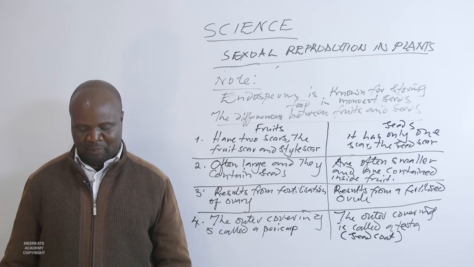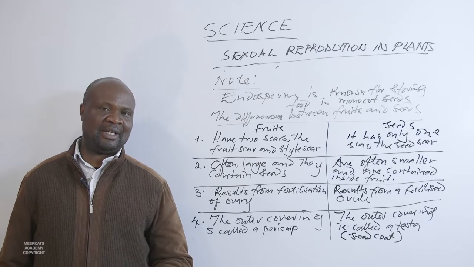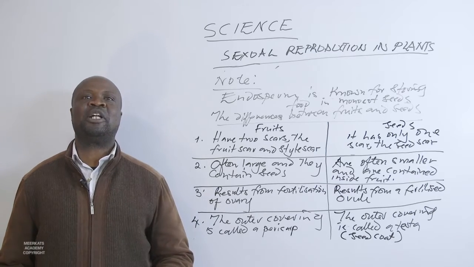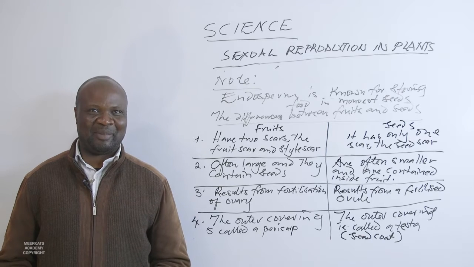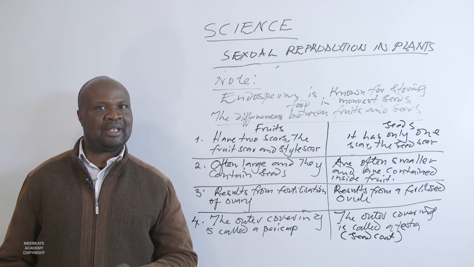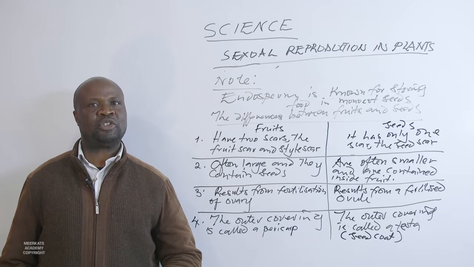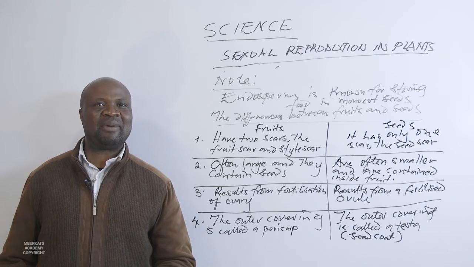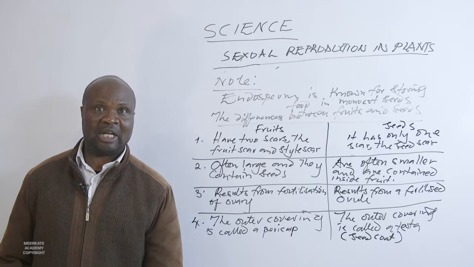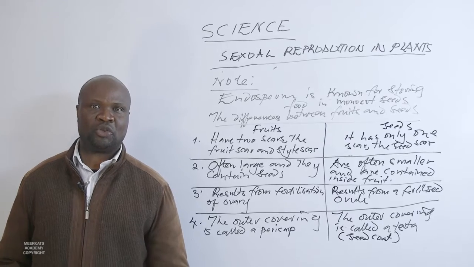If water is available as moisture, then that seed is ready to grow. The third condition that is very important for that seed to grow is temperature, warmth. If the condition is very cold, then that particular seed might fail to germinate. So the temperature should be conducive and appropriate for that particular plant to grow.